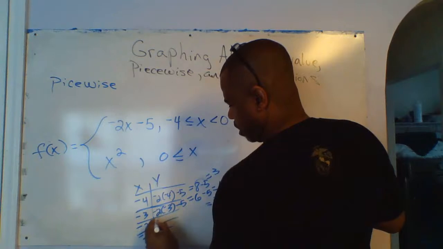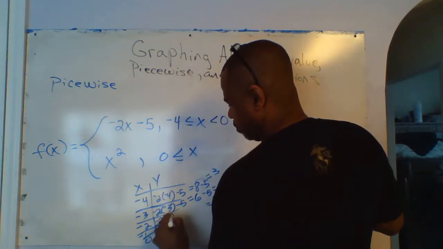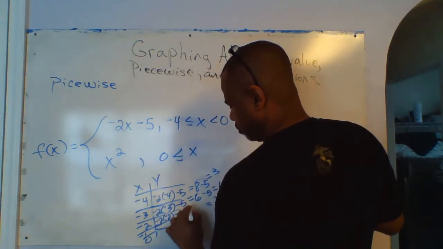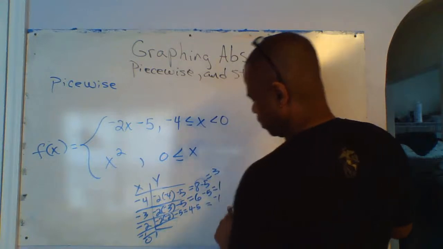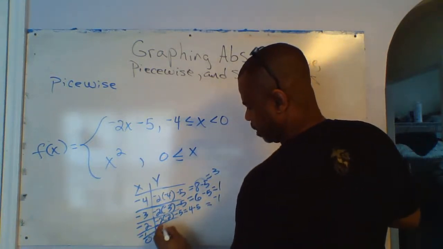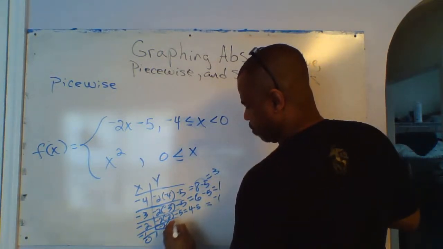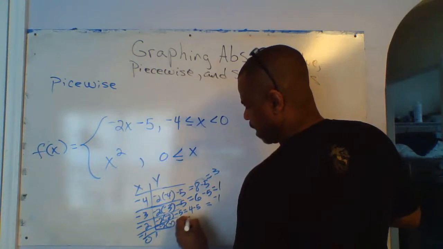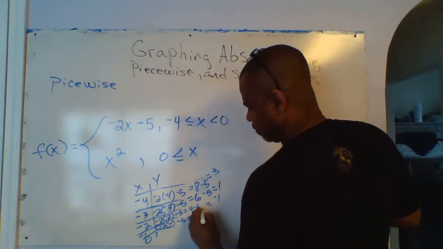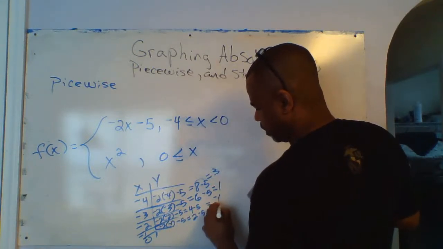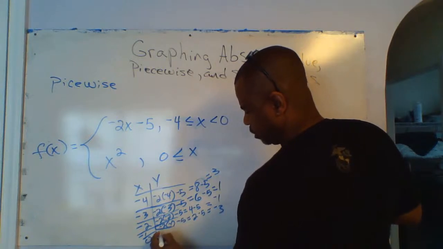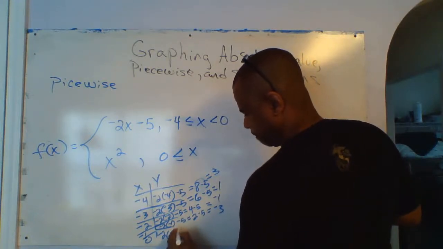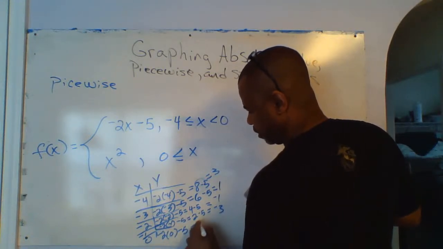If we do negative 2 times negative 2 minus 5, that's 4 minus 5, which is negative 1. Then we plug in negative 2 times negative 1 minus 5. That's 2 minus 5, which gives us negative 3. Okay, negative 2 times 0 minus 5 is just negative 5.